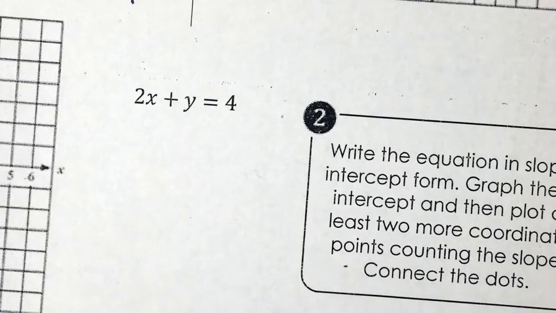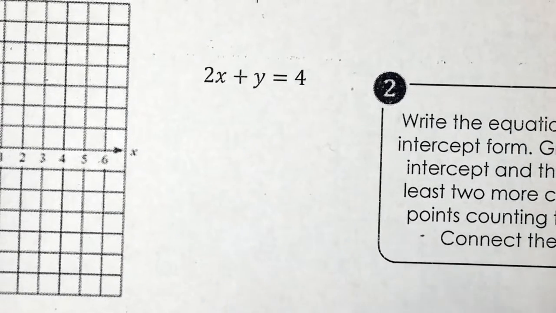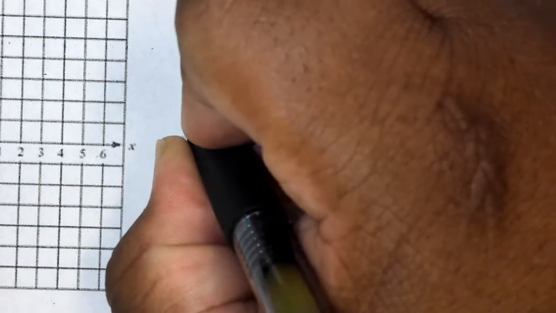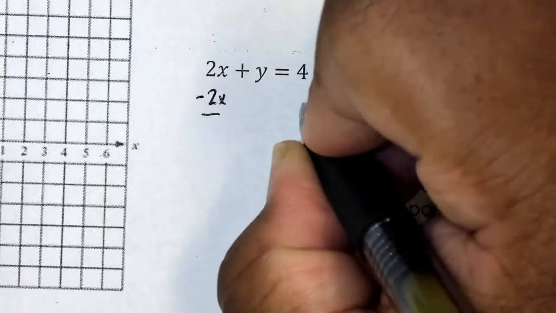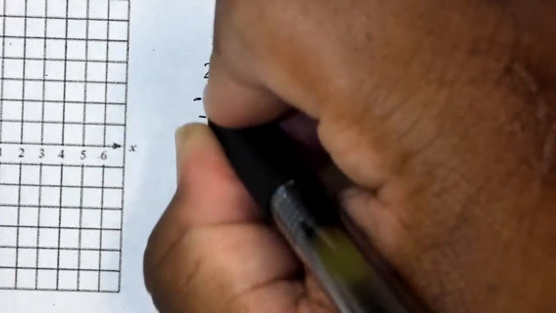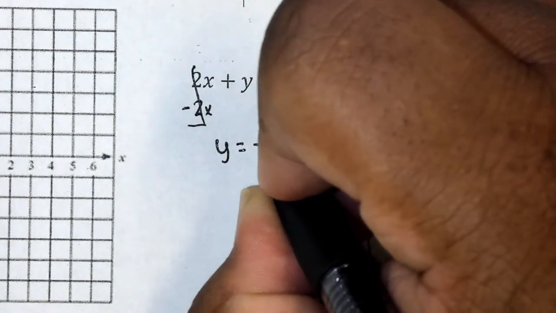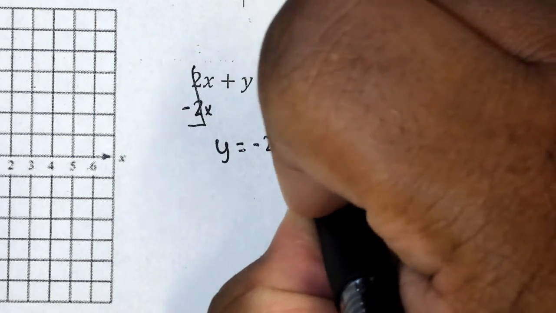Next one, we're gonna do slope intercept form on this one. This one we were supposed to do slope intercept form on, but minus 2x, minus 2x cancels, y equals negative 2x plus 4.